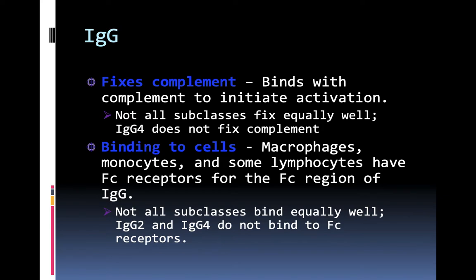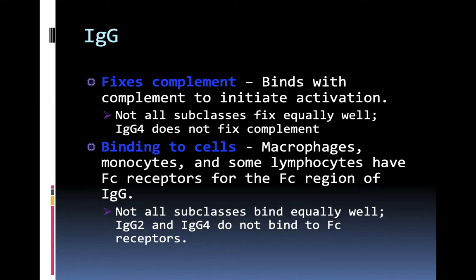Now, aside from phagocytosis and better recognition of the antigen, IgG also has other functions. IgG also fixes complement. They bind to complement proteins in order to initiate the cascade activation.